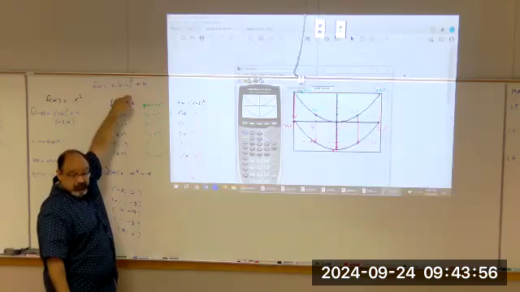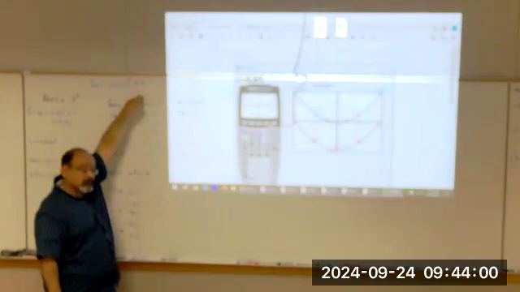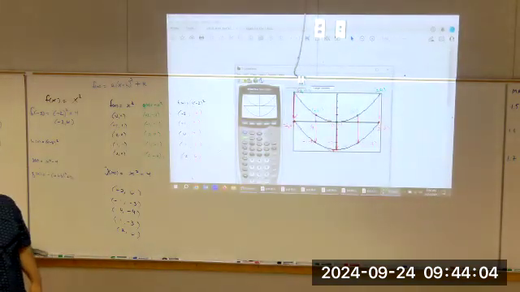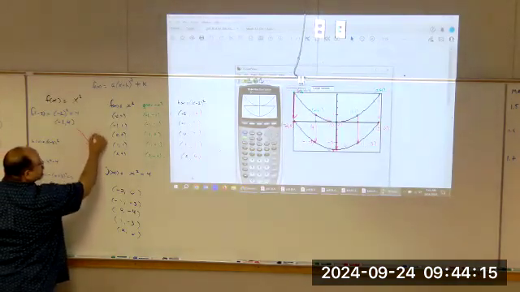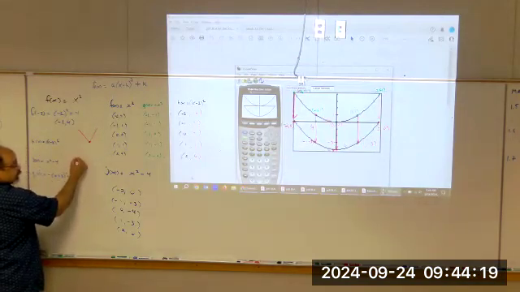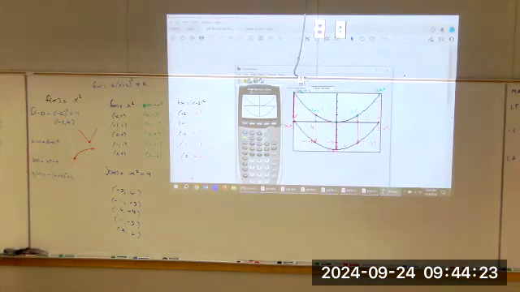H is the horizontal shift. K is the vertical shift. The most important point to locate, no matter what, is the vertex. The most important point you have to locate and plot first is the vertex of a parabola, the vertex of an absolute value, which is that sharp corner. On a square root, it's that initial point or starting point because it doesn't have a vertex.